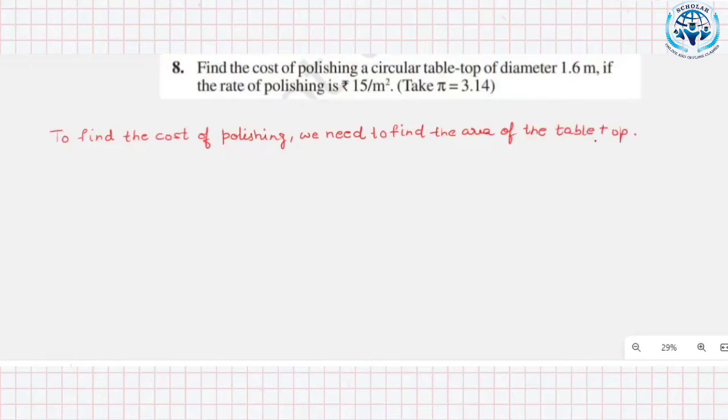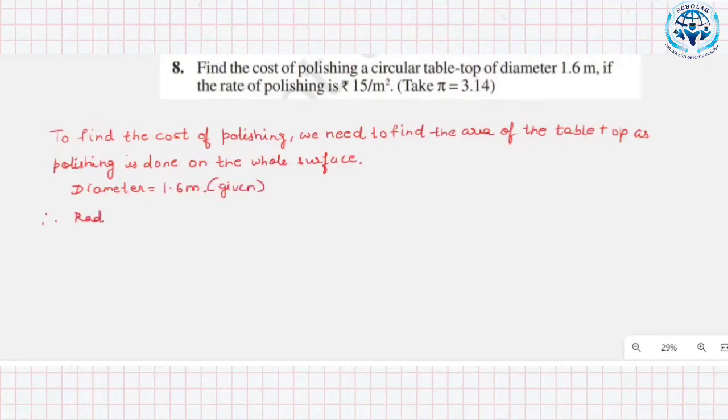And for this we need the radius. Diameter is 1.6. So radius will be 1.6 upon 2.